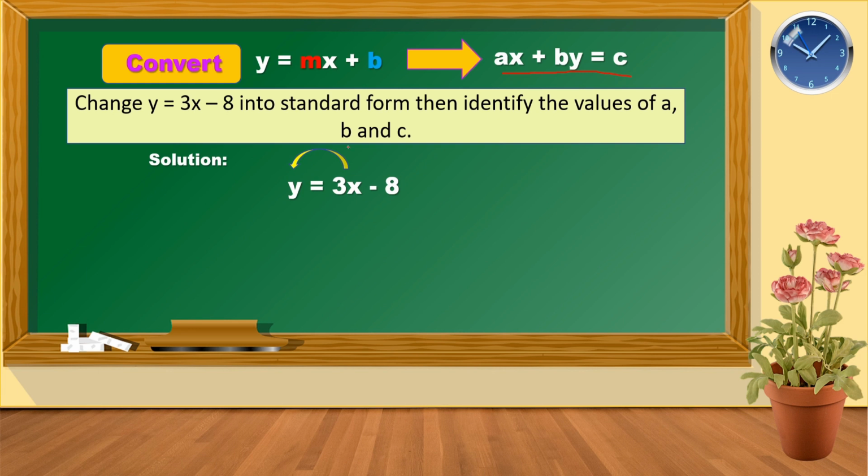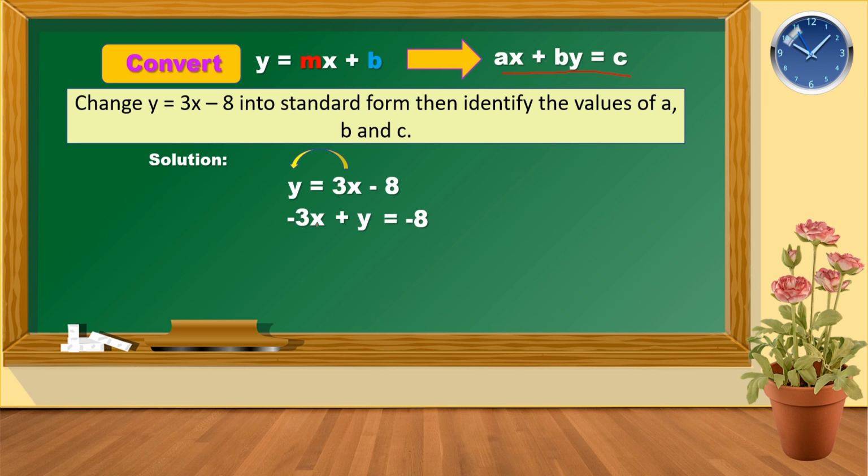Or we can use the subtraction property of equality. As you can see, 3x here is positive. When we transpose that to the other side of the equation, it will become negative 3x. And then, the y we will not touch, so it is still positive y. And we have negative y on the left side of the equation. Okay, so we have negative 3x plus y is equal to negative 8.